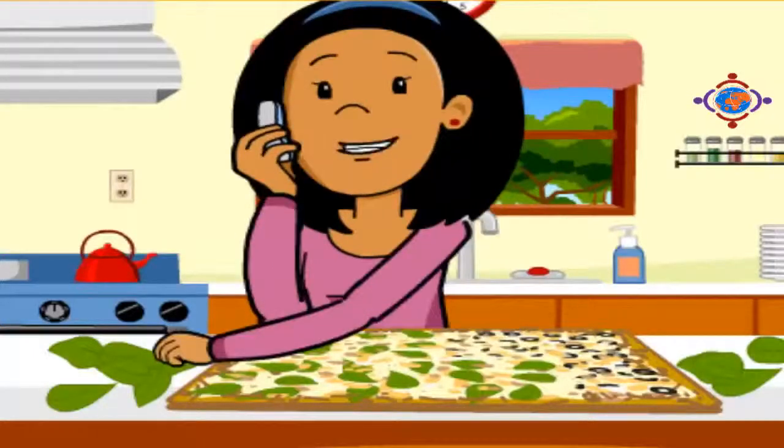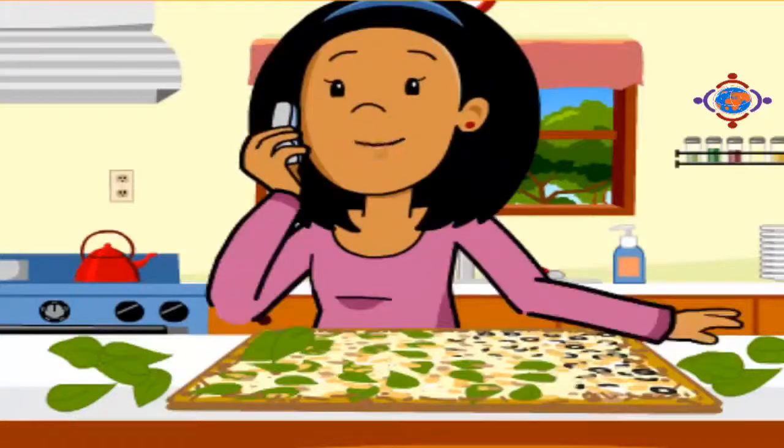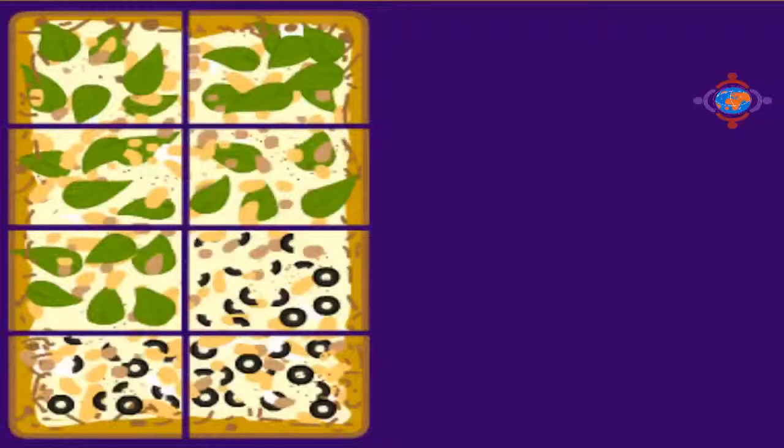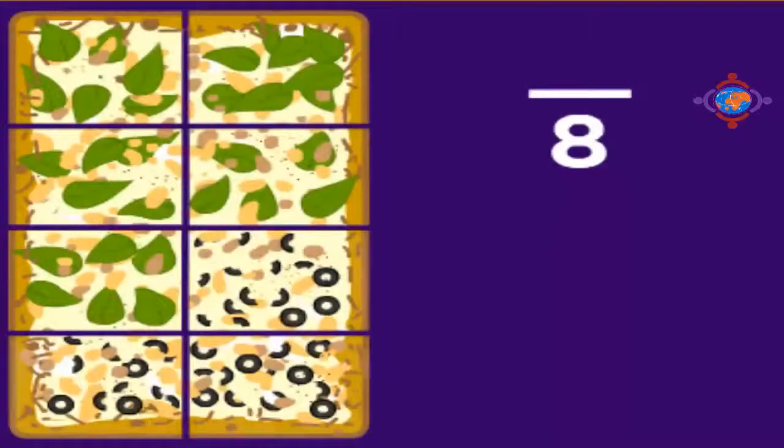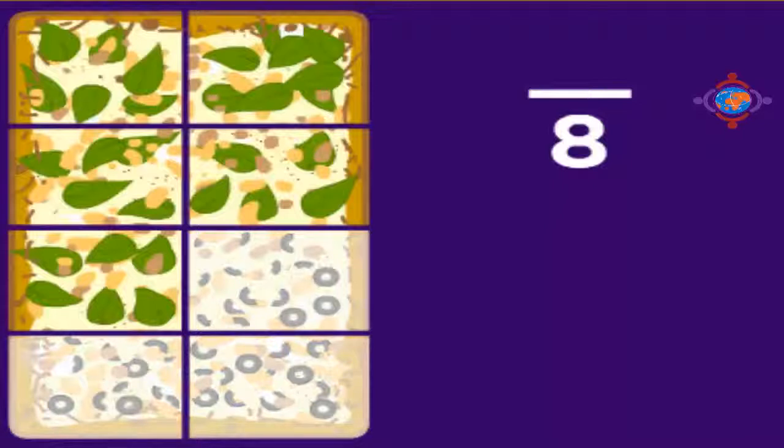Mia made a pizza with olives and spinach. What fraction of her pizza has olives? There are 8 equal slices, so the denominator is 8. 3 slices have olives, so the numerator is 3.